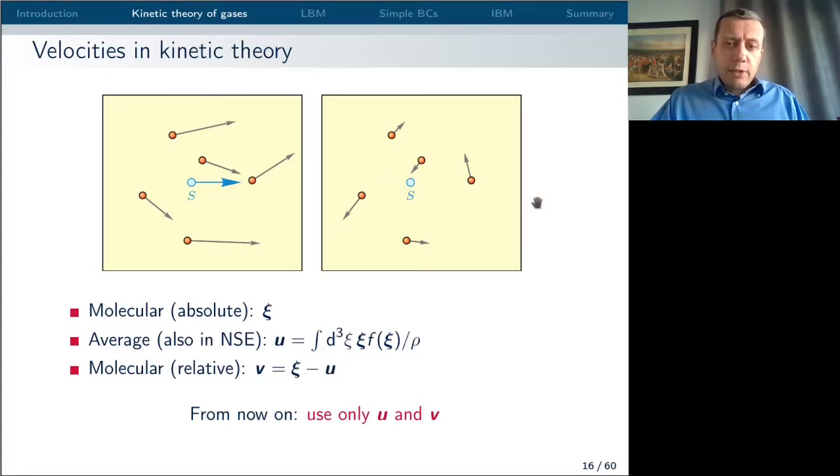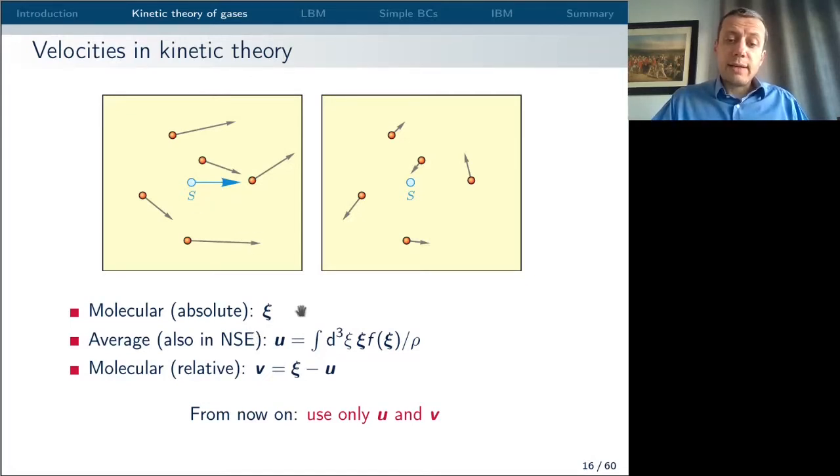Now, just a bit of additional information. Of course, you're aware of Galilei transforms and center of mass systems and so on. Let's say you have a box with 5 molecules, and these molecules move somehow in velocity space, then you can define the center of mass velocity. And when you subtract that center of mass velocity, you get the individual velocity of molecules in the center of mass system.